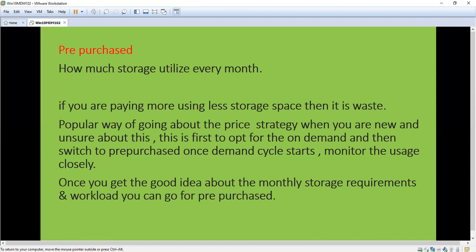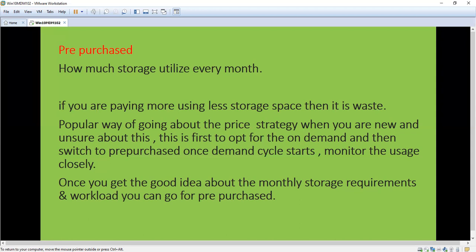The best thing is to go for on demand, and later on you can switch over to pre-purchased based on the demand cycle. That means once you start working, you can easily know how much storage space is required, what all the requirements are and how much workload, everything you can easily understand after 2 to 3 months. Once you monitor things very closely, you can easily understand it. Then you can switch to pre-purchased.